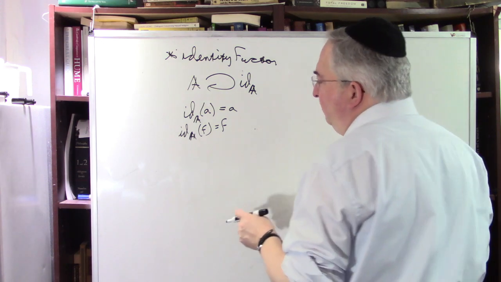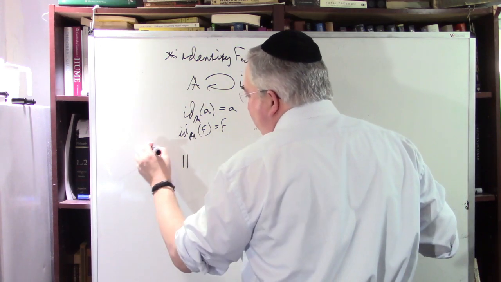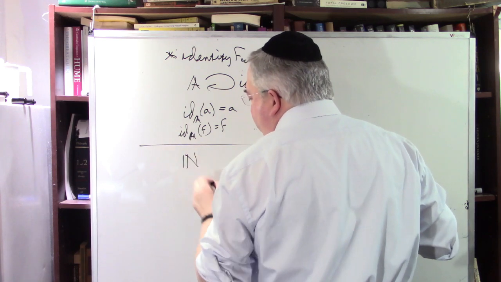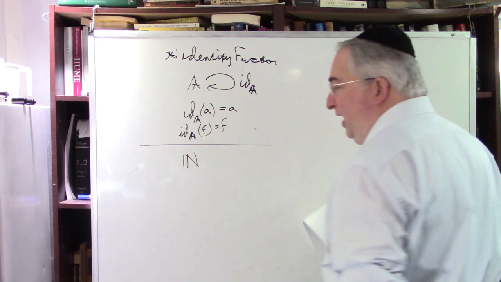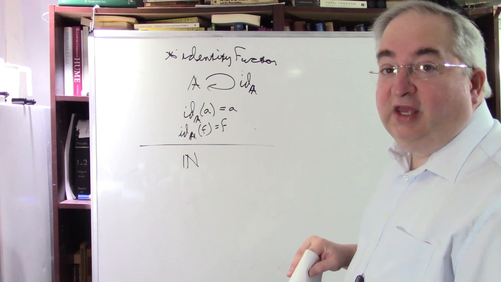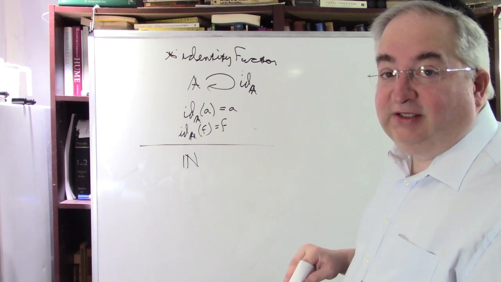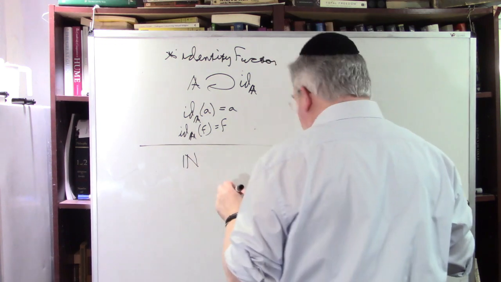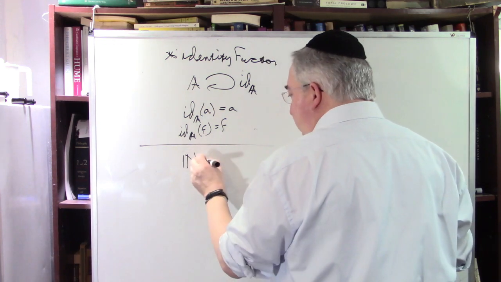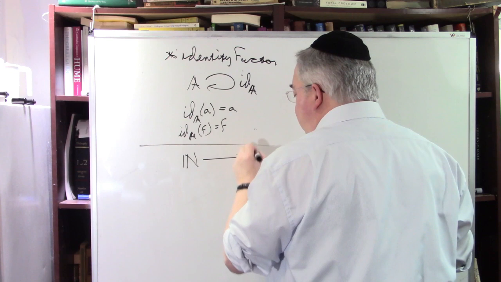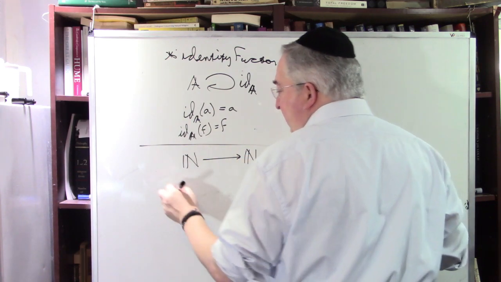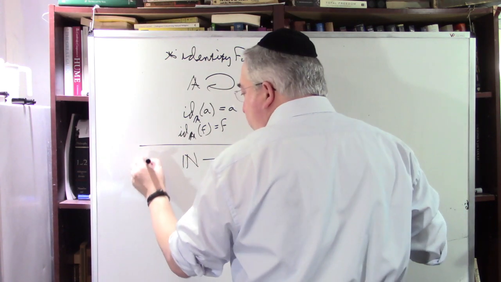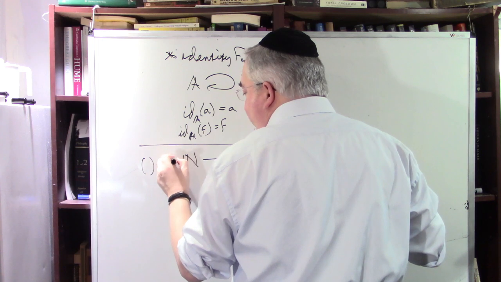Okay, let's do another important functor. Examples. Let's consider the natural numbers, N. Think of it as an ordered set, a partial order, or total order, actually. I want to make a functor from N to N, and I want to call it plus 5.